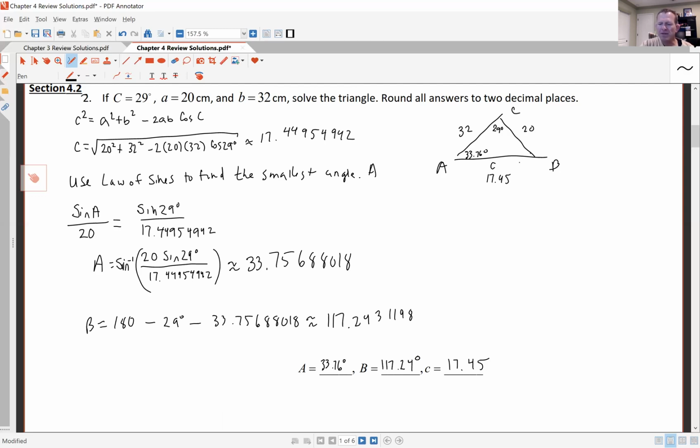So yes, obviously my picture is drawn incorrectly now that I know that it's obtuse. However, I like to draw these just as reference, not necessarily to scale.